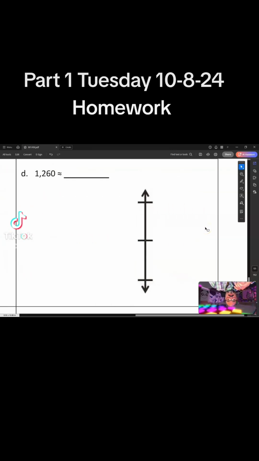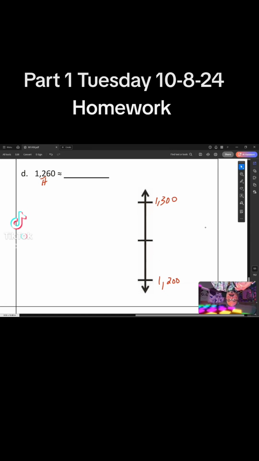D. 1,260. Doesn't matter what the number is, we're rounding to the nearest hundred. So that means the thousands will stay the same. So I just put 1,000. I'm doing the 260. 260 is in between what two hundreds? 200 and 300.